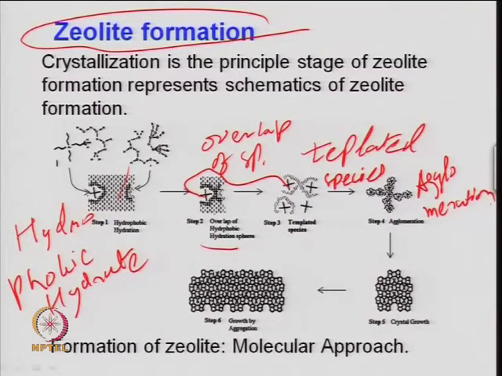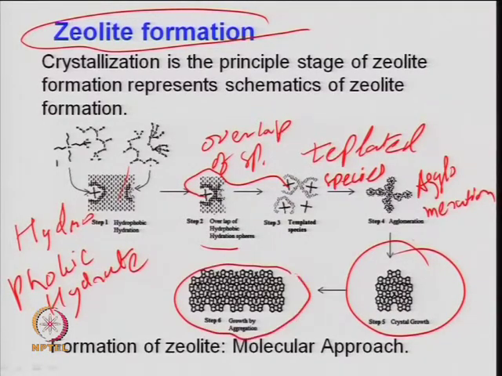So, it increases in size, growth of crystal, right, and because of this you will have crystal growth, right, a framework has been built now, right. So, this is crystal growth, step number 5, and finally, depending upon the time which you are given and the temperature, right, the crystal continues to grow, and that is the aggregation of the crystals, right.